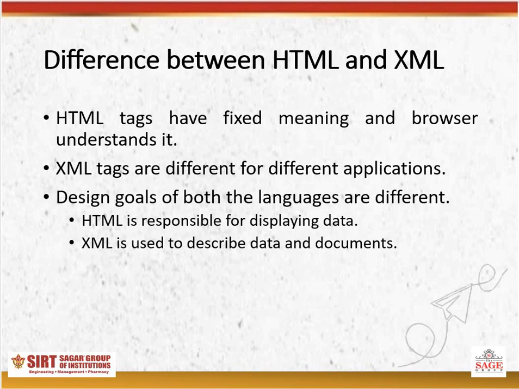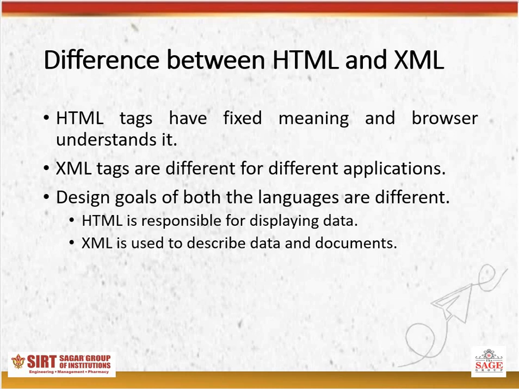So what are the basic differences between XML and HTML? HTML tags have fixed meaning and the browser understands them. The tags that HTML uses are predefined and the browser already understands them, and the user does not have to provide any external meaning and description of any tag.